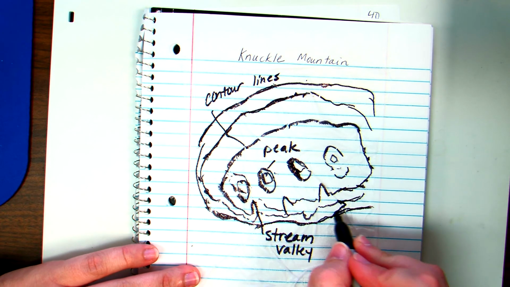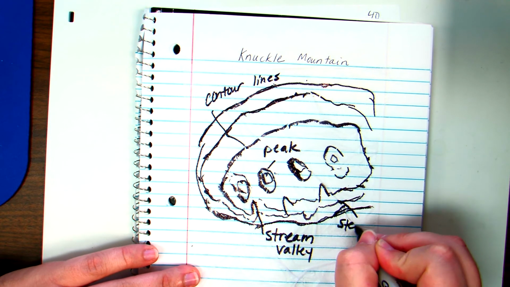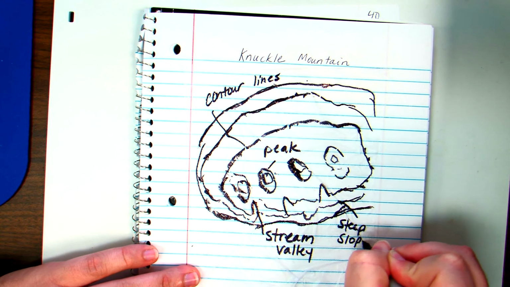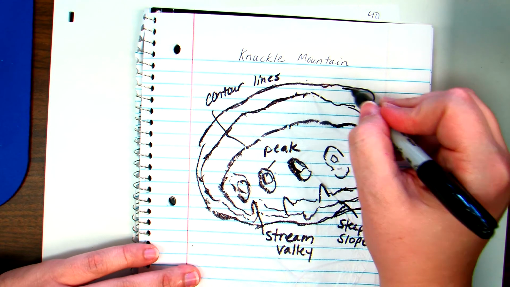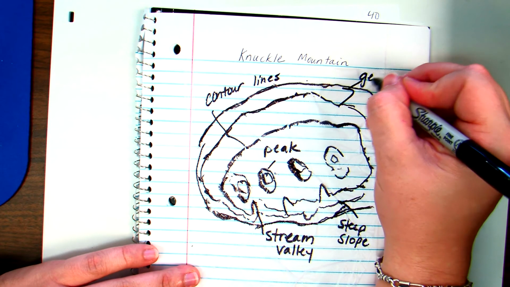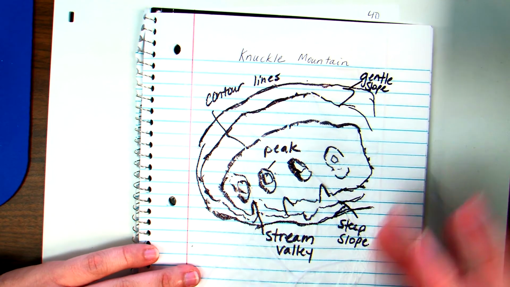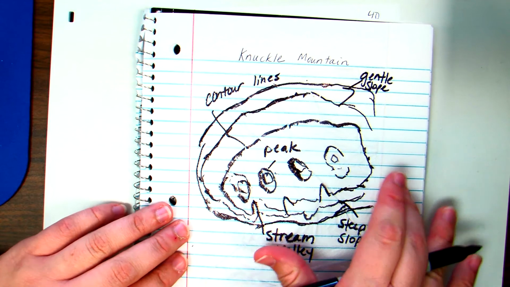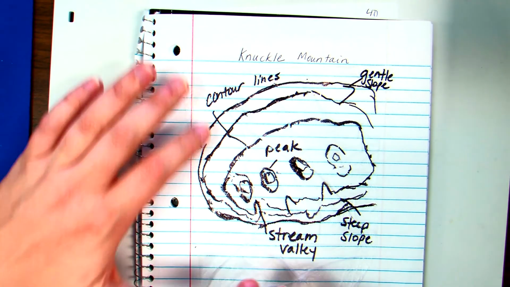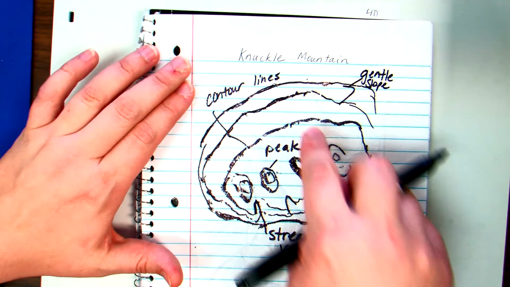This is a steep slope. This is a gentle slope because the contour interval is wide. And you want to make sure when you're writing in your notebook that you're not trying to write on the paper because it's going to bleed through and mess your notebook up. So try to stay on this contact paper or the cling wrap, okay?